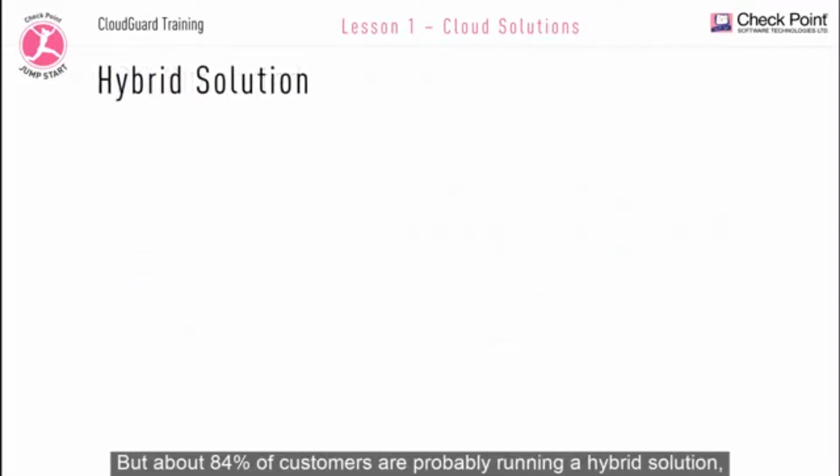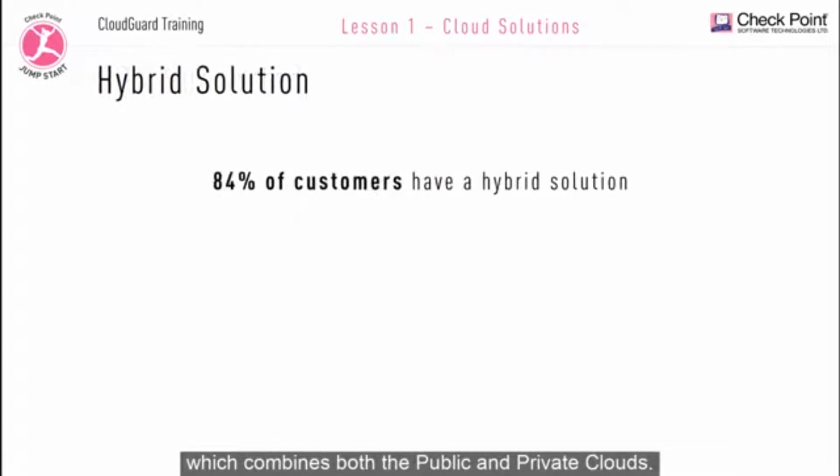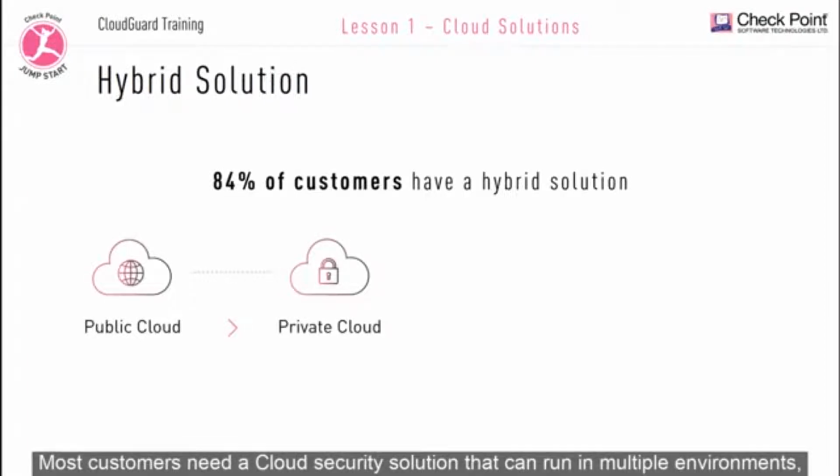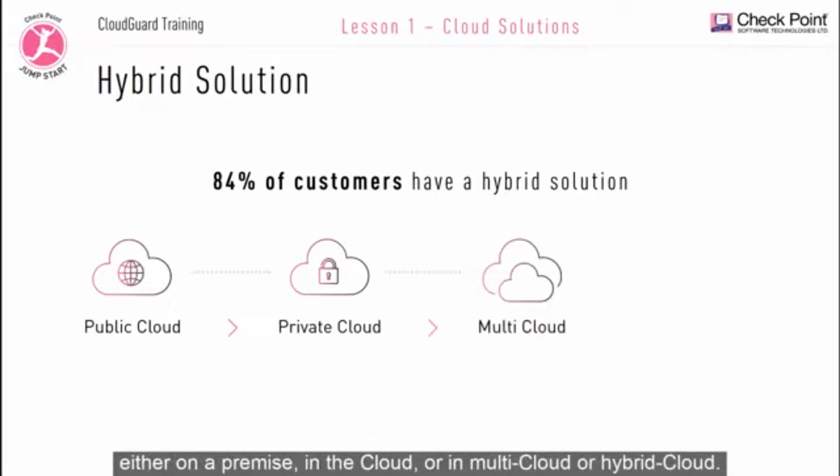But about 84% of customers are probably running a hybrid solution, which combines both the public and private clouds. Most customers need a cloud security solution that can run in multiple environments, either on premise, in the cloud, or in a multi-cloud, or in a hybrid cloud.